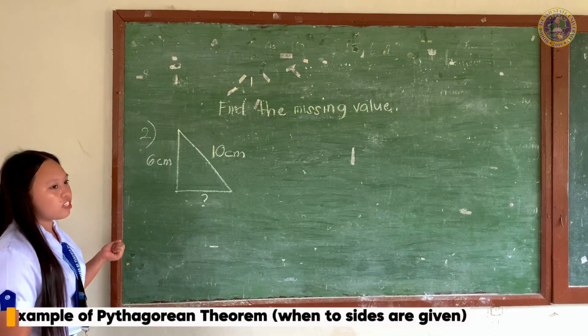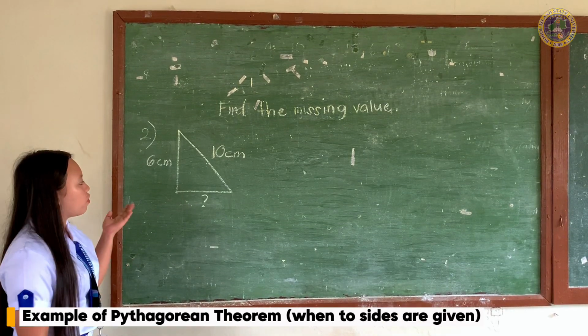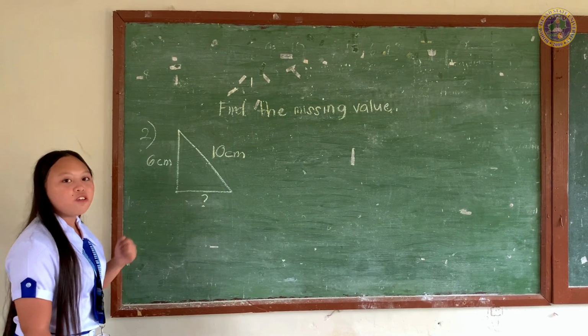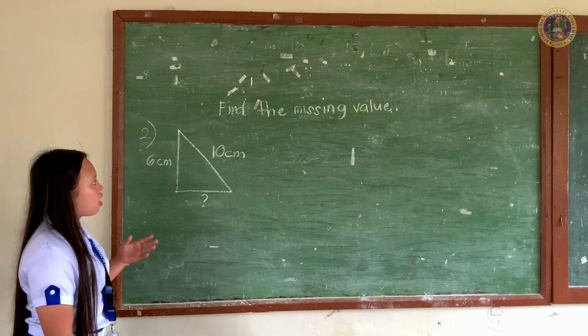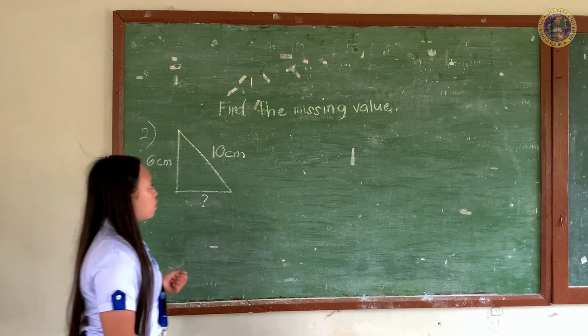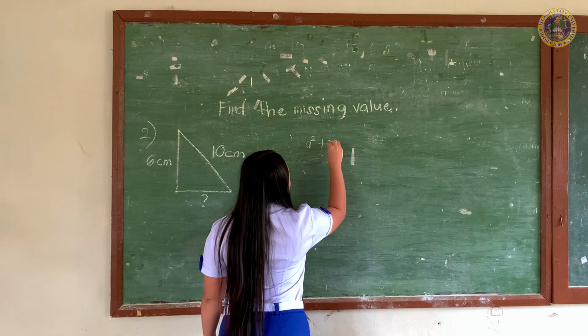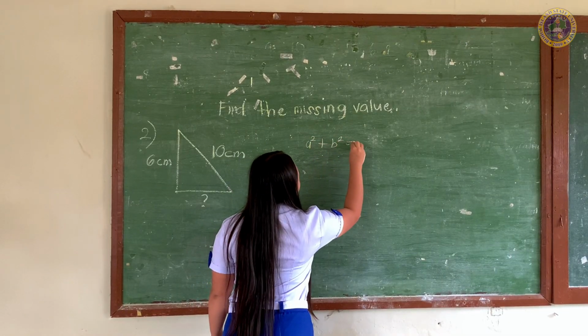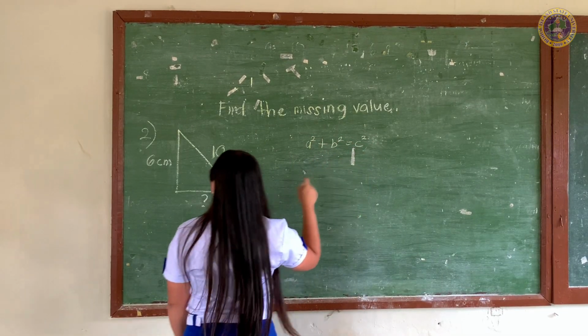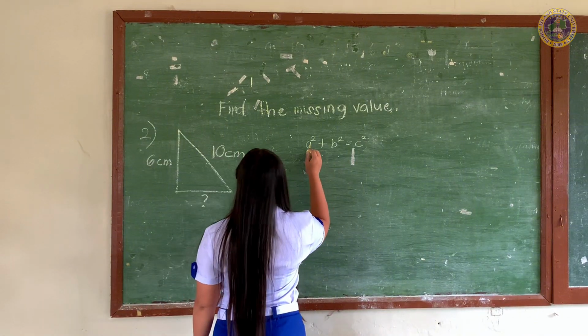So here's another example where two sides are given and one side is missing. So in order to find the missing side, we need to use the Pythagorean theorem where a squared plus b squared is equal to c squared. So let's substitute the given.